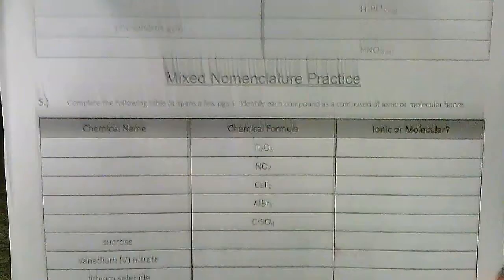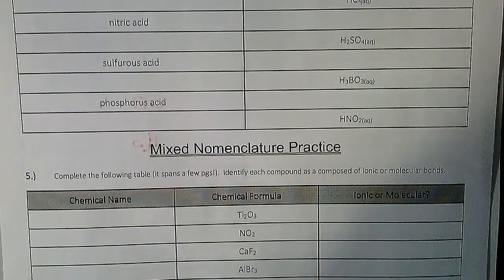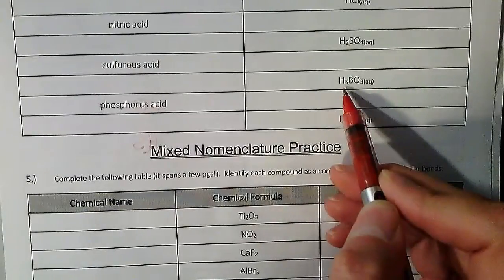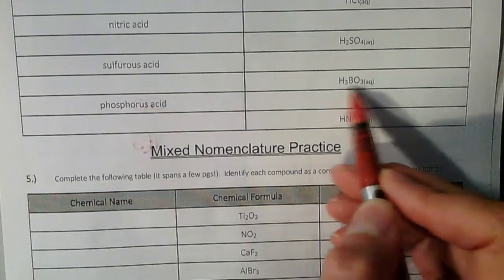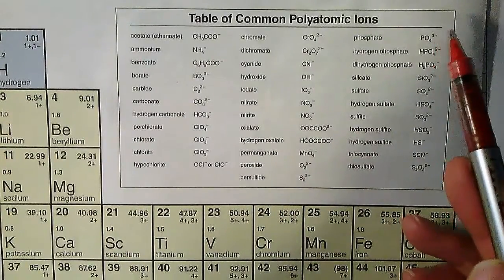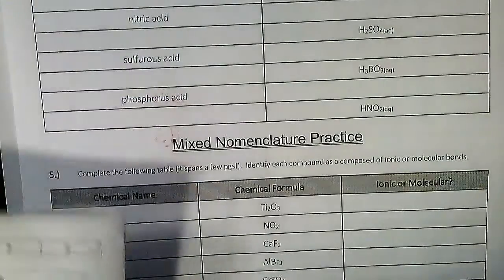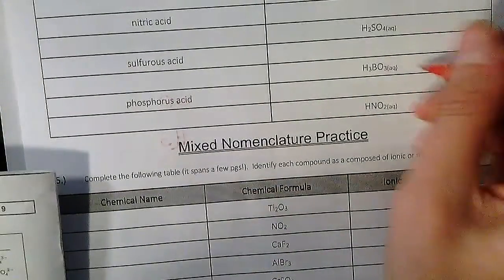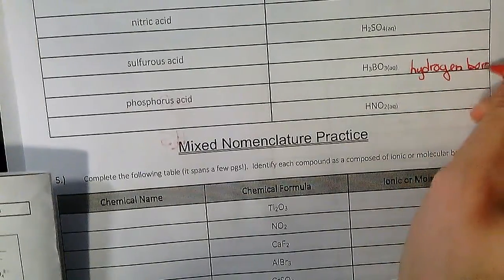Okay, so let's look at another example. Okay, so we have H3BO3. So we need to figure out what BO3 would be. So we're going to look on our polyatomic ion chart. And here it is, borate. So it would be hydrogen borate.